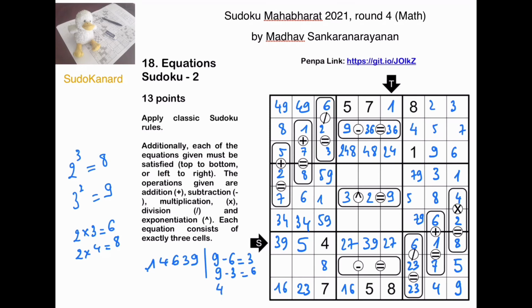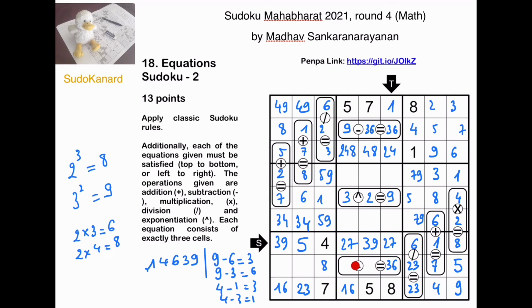It could be 4 minus 1 equal to 3, or the other way around. But the result won't be 1, so it will be 3 or 6. And we get a 3, 6 pair. Note that we still need a 5 on this column, but there are too many options.